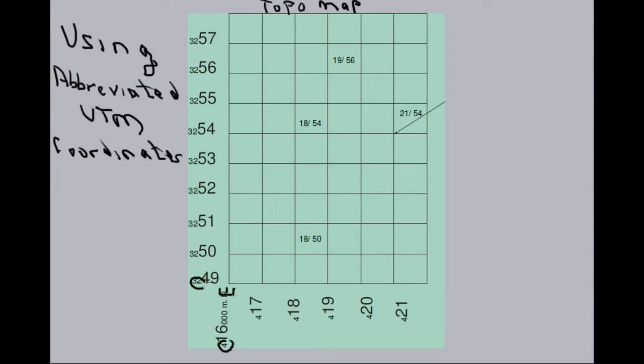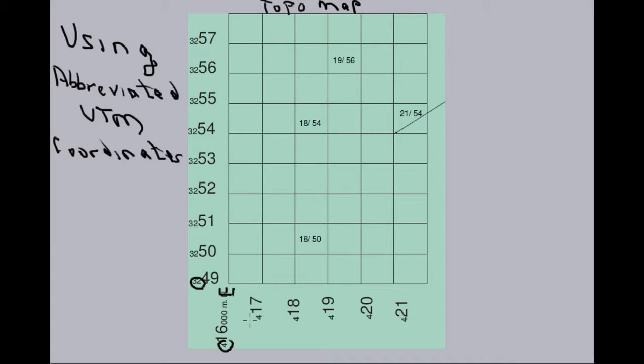So if we look at this number here in the easting, the 4, and this number here in the northing, the 32, those numbers represent the 100,000 meter square. So when you're in the area 4 by 32, you're operating within a 100,000 meter square, which is a pretty big square, 100 kilometers on each side. So oftentimes when you're operating within that square, you don't really have to give these numbers all the time because everybody knows where you are.